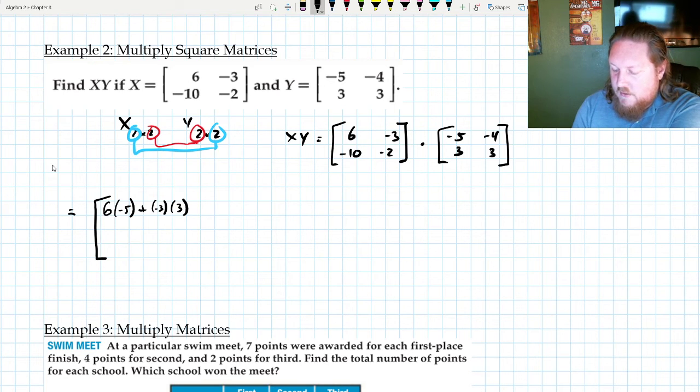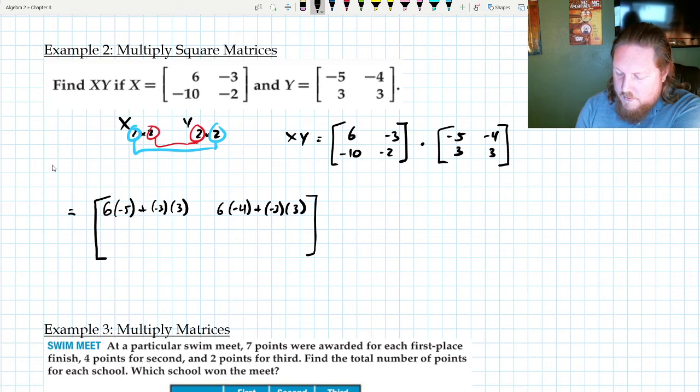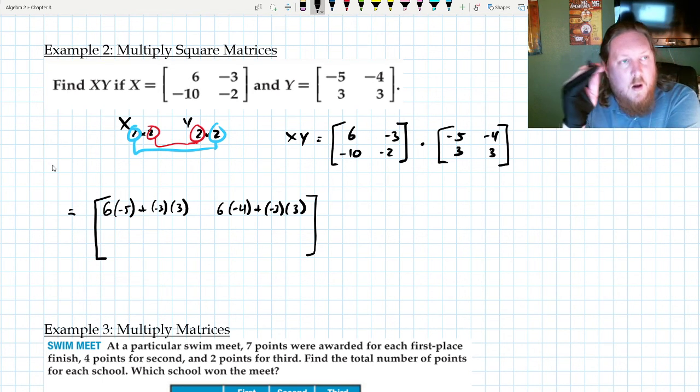So now I leave a nice little gap here for my second element of the first row. I'm going to use the first row from matrix X again, 6, but now I'm going to use the second column in the next matrix, negative 4 plus negative 3 times positive 3. And I should have plenty of space here. Now, I've completely done all of the first row through all of the columns.